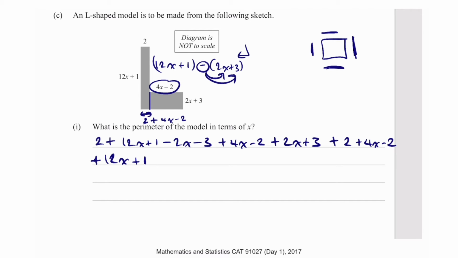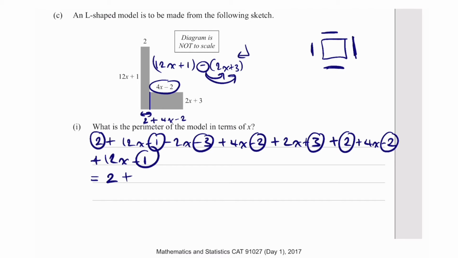So in order to do that, let's see what I can simplify down. Let's start with our number part first. So 2, 3, 0, negative 2, 1, 3, 1, 2. So our number part equates to 2.